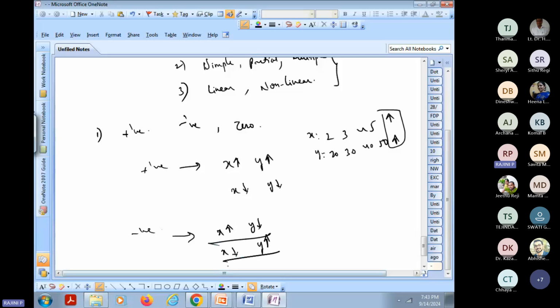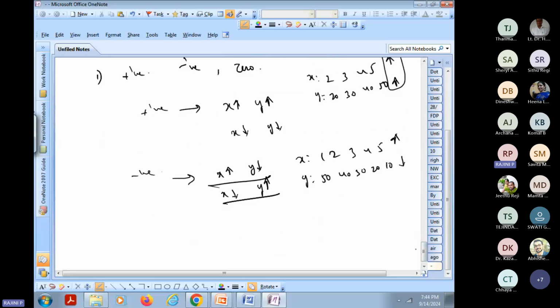For example, if x is taking the values 1, 2, 3, 4, 5, and y is taking the values 50, 40, 30, 20, 10, x is increasing, y is decreasing. Then we say that x and y are having negative correlation. Is it clear? So here if x increases, y decreases, and if x decreases, y increases, so both the variables are having negative correlation.